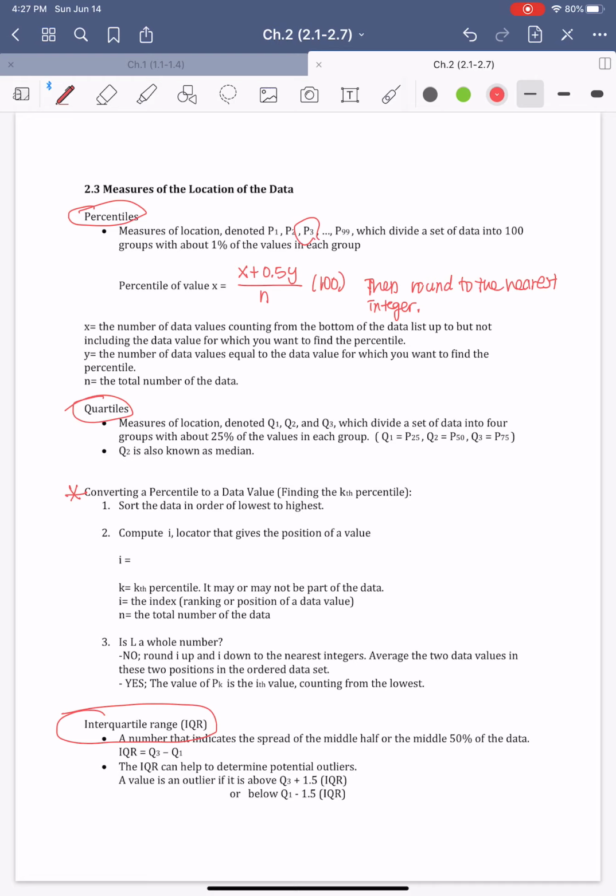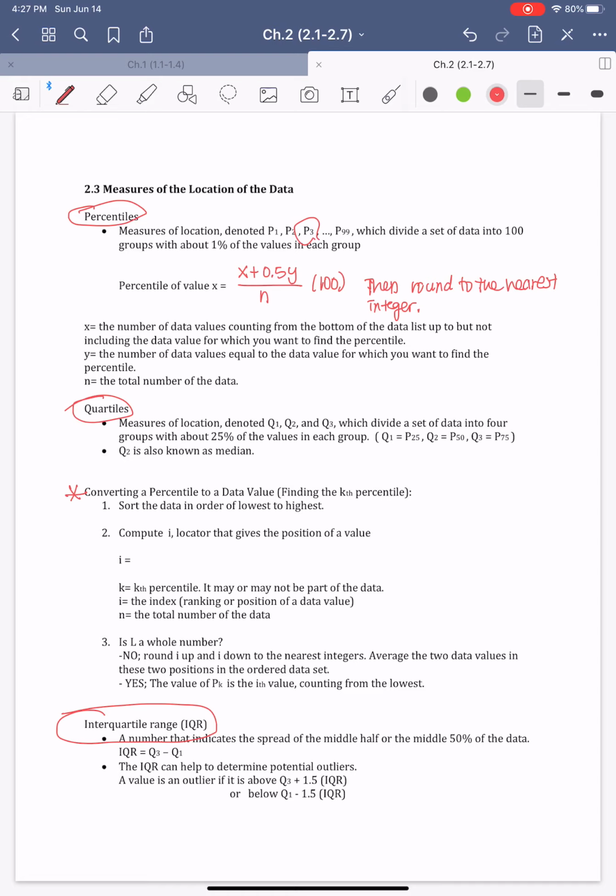So same thing. Percentile is like thinking about making that 100% into pennies. So P21 means 21 pennies. So you have 21 pennies, and then the other part will be 100 minus 21, which is 79 pennies.